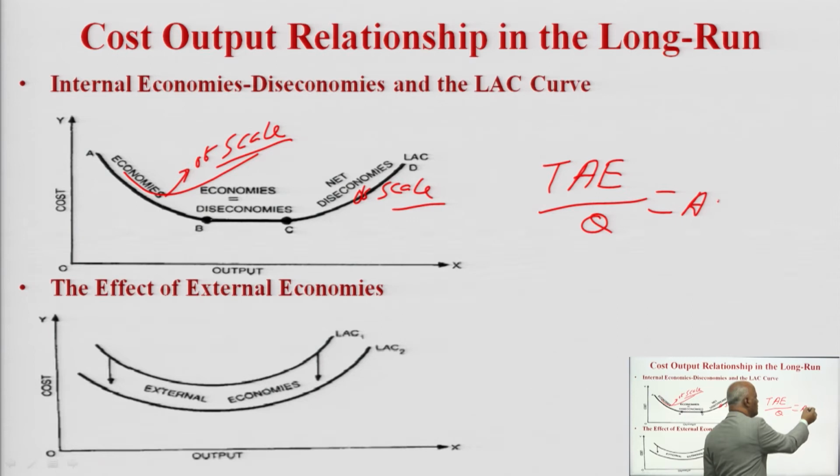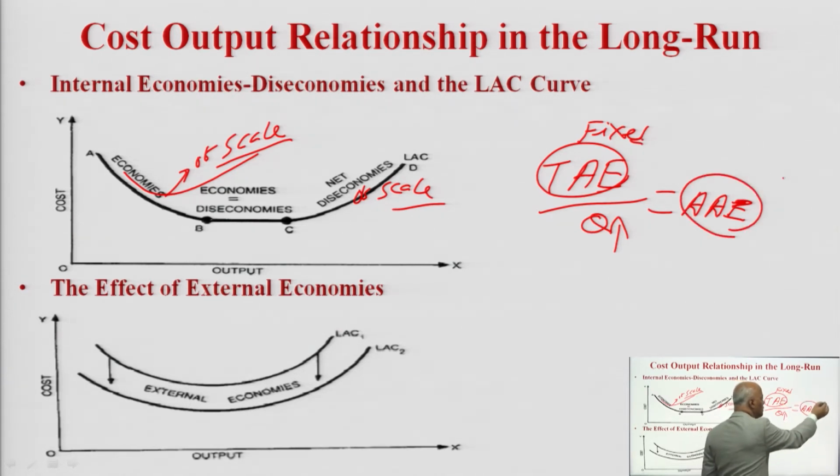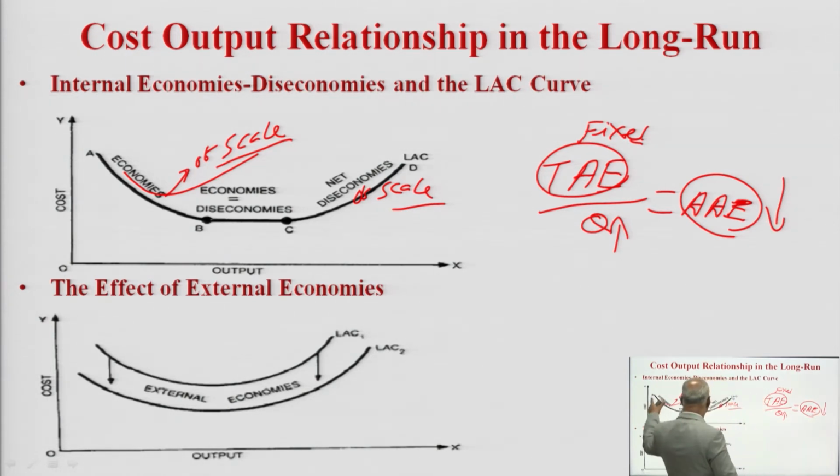So, in that case you will find that as output increases and the total advertisement expenditure remains fixed, the average advertisement expenditure will be less and less. That also happens when you grow in size as output increases.